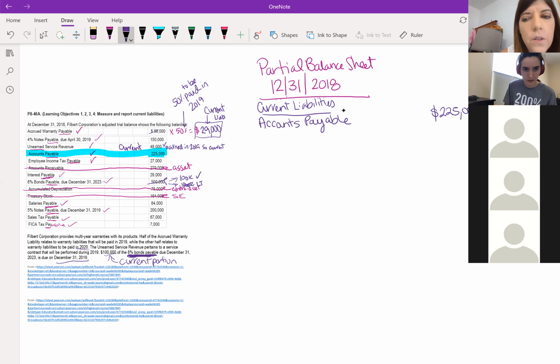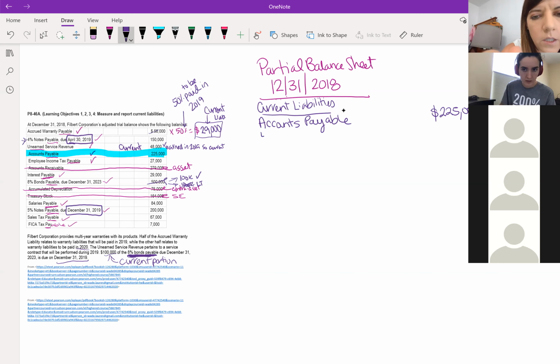They list out the two notes next. And you pay attention here. That first note is due April 30th, 2019, so 5 months out, versus the second note, which is due at the end of 2019, so a year out. They're both still current, but this one is paid out first, so it's going to be listed first.